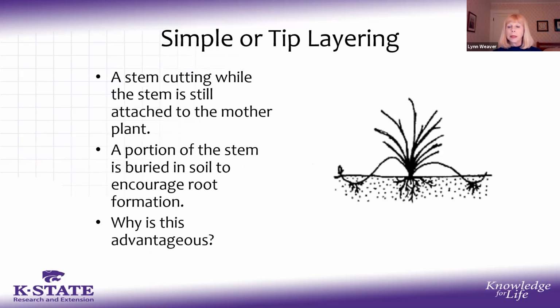What you do is bend a low-growing, flexible stem to the ground and cover it with soil. Leave several inches of stem above the soil and bend the tip vertically and secure it with a landscape stake or a pin.